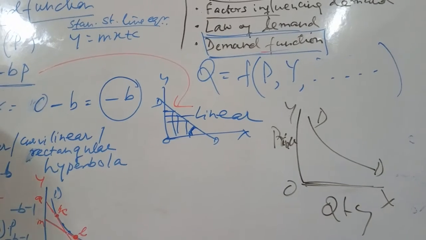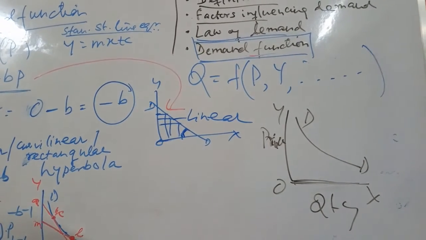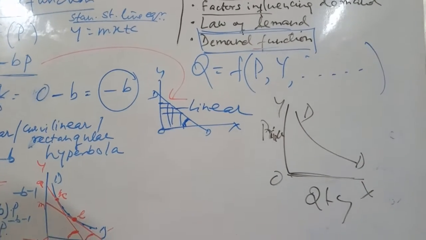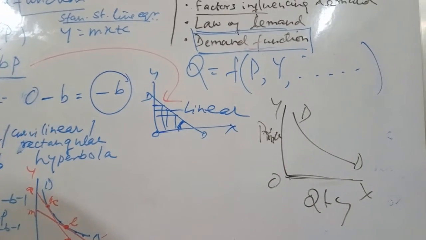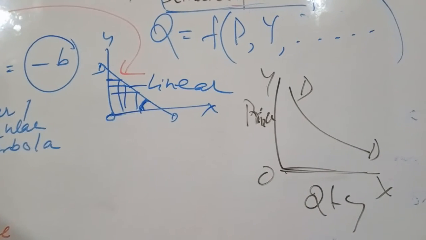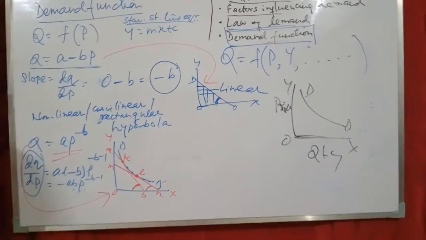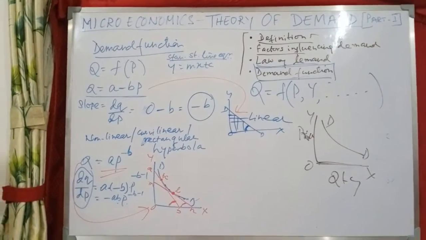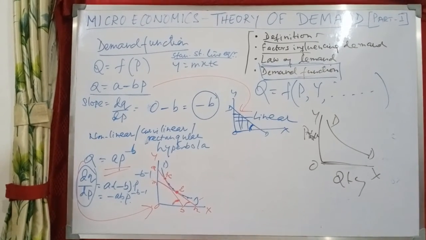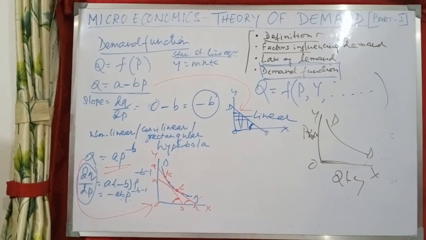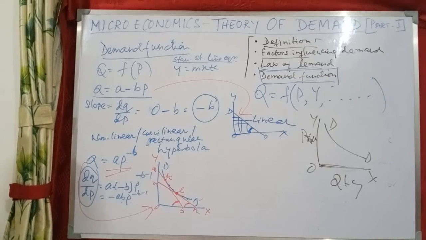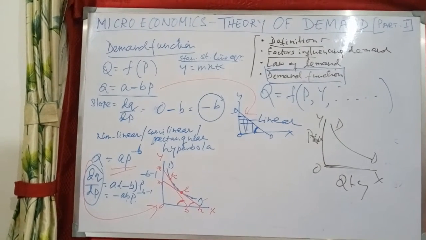Now, the law of demand has certain exceptions. And what are the exceptions? Absolutely essential commodities like salt: even if the price of salt increases, the consumer does not decrease his consumption of salt. At the same time, if the price of salt falls, the consumer does not consume more salt.